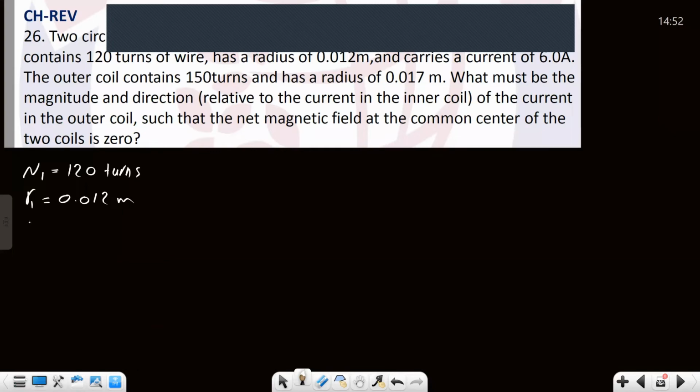And the current I1 is equal to 6 ampere. But the outer coil contains 150 turns. N2 is equal to 150 turns. And R2 is equal to 0.017 meter.